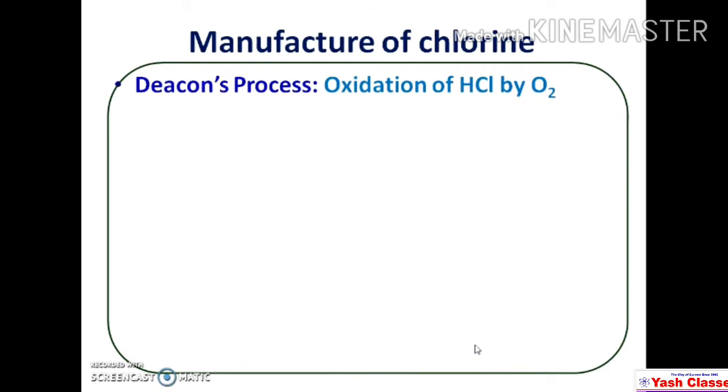Now manufacture of chlorine on bulk level, it is done by Deacon process. Deacon process means oxidation of hydrochloric acid by oxygen. Now here when HCl is oxidized by using air or oxygen in presence of copper chloride at 723 Kelvin, there is a evolution of chlorine gas.